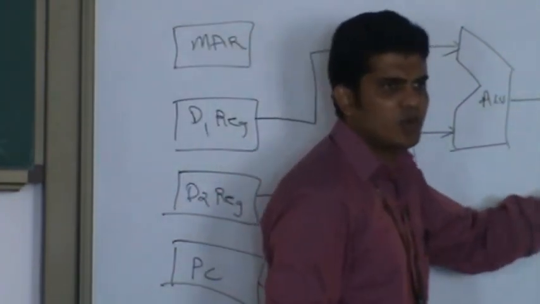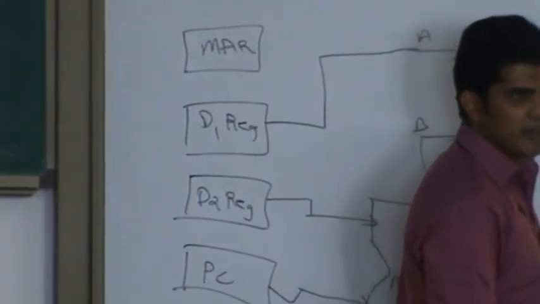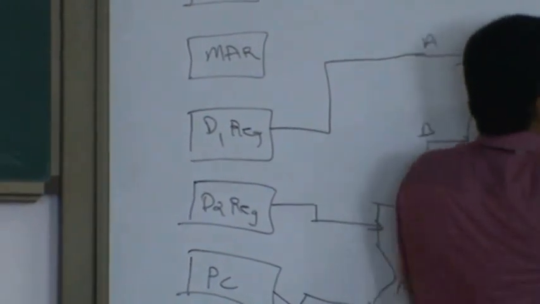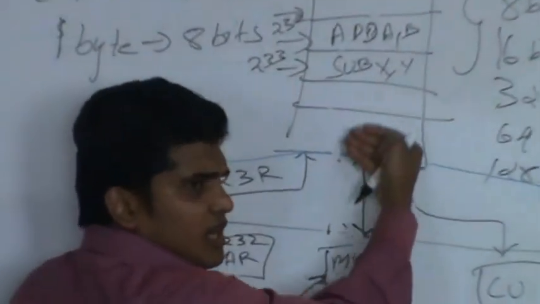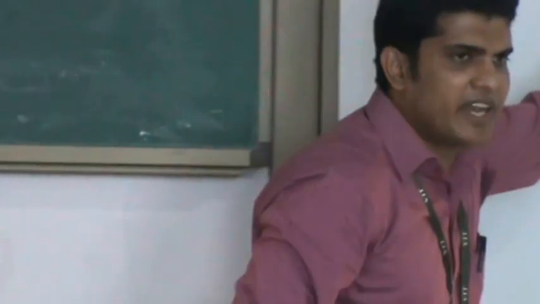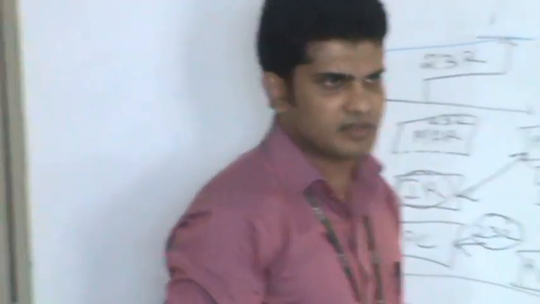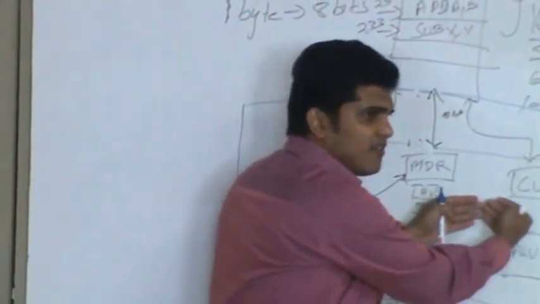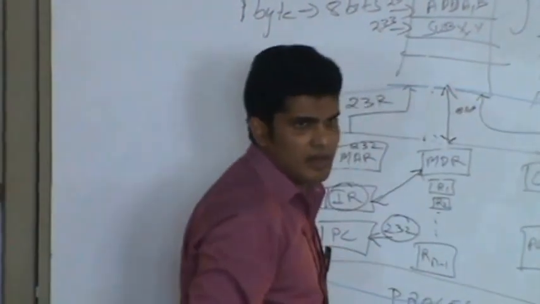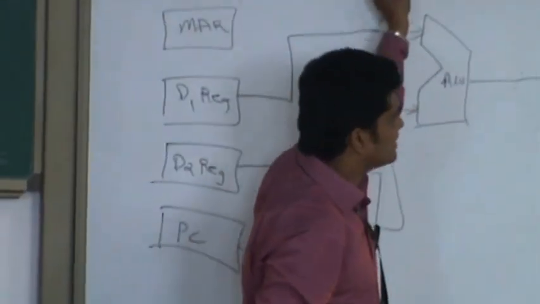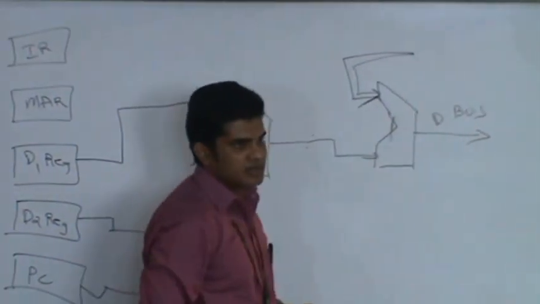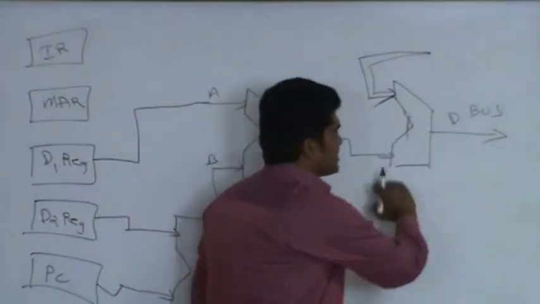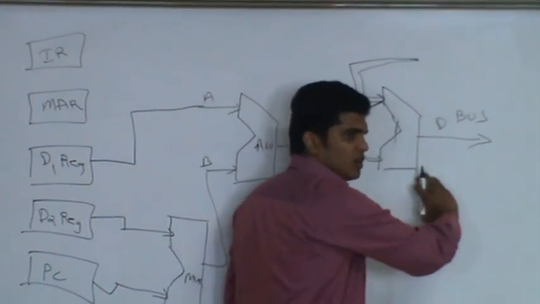If you are going to do a read operation, the data goes from the memory to the processor. If you are going to do a write operation, the data will go from the processor to the memory. So that is what has been explained. If it's a read operation, the data is coming inside the processor. If it's a write operation, the data is going out of the processor to the memory.